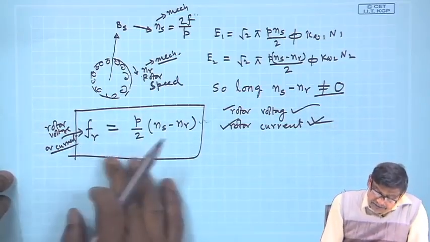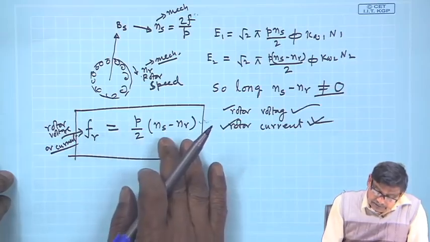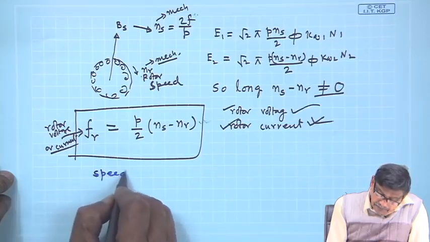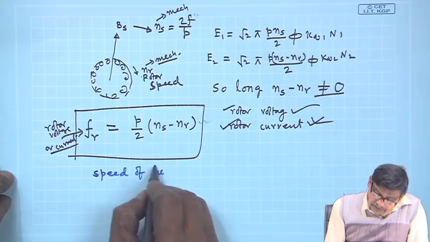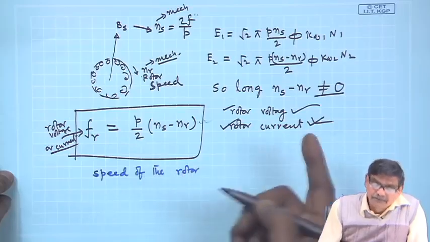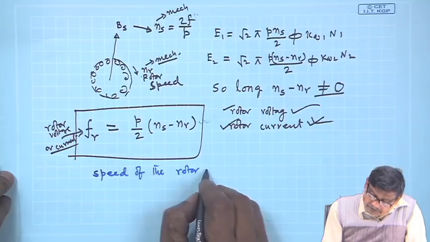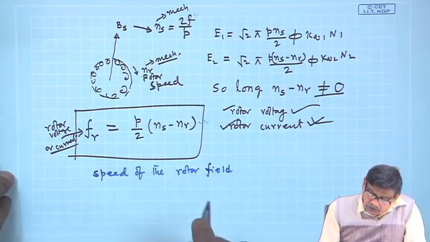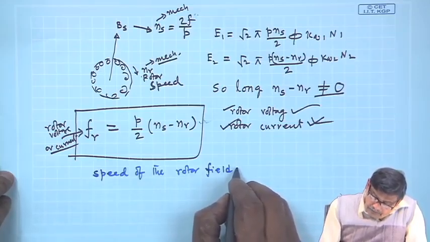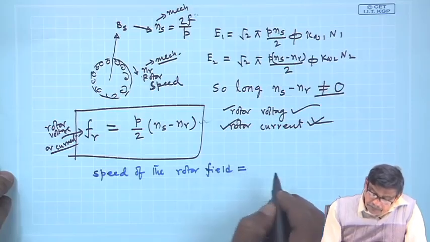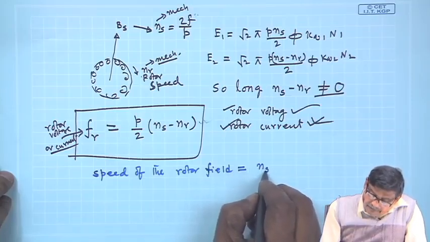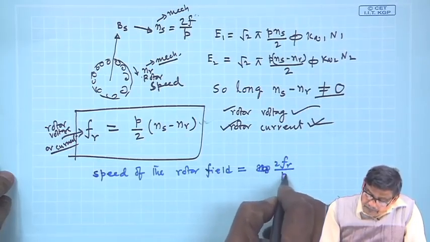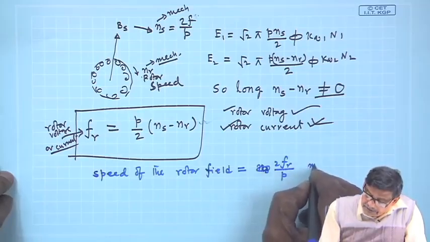So, if this is the frequency of the rotor current, then the speed of the rotor resultant field, I will simply write rotor field, you understand now what is what. Speed of the rotor field will be equal to 2 Fr by P, so much mechanical speed.